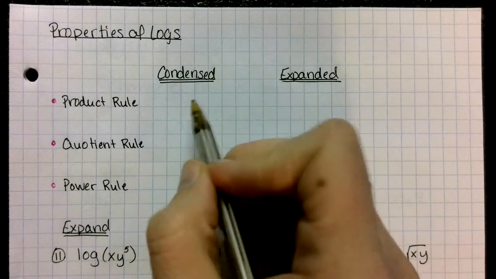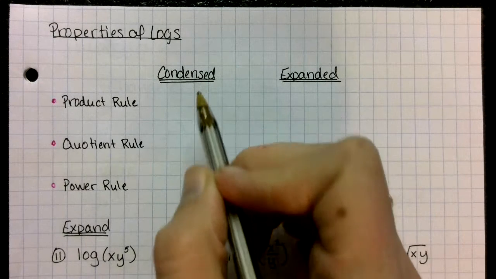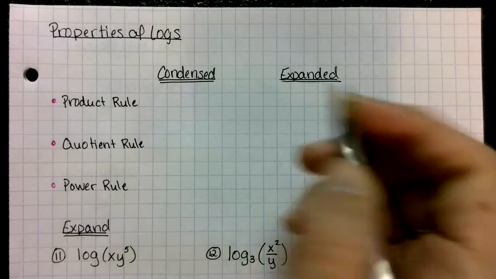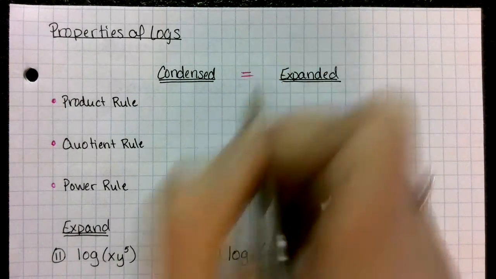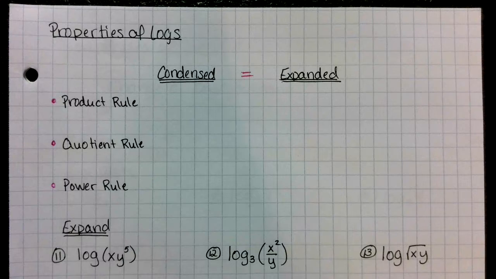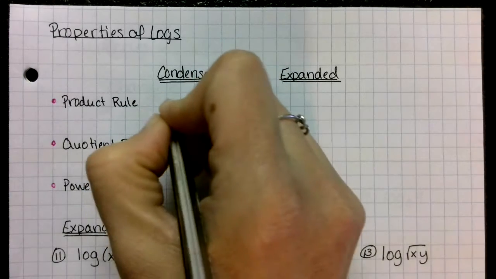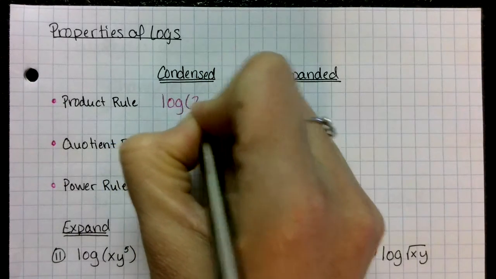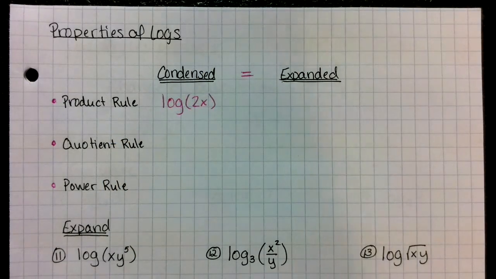So, what we have for each one of these rules, we have a way of writing our logs in a condensed form or an expanded form. And these two things are always going to be equal to each other. So, for the product rule, what we have in a condensed form would be log of 2x.